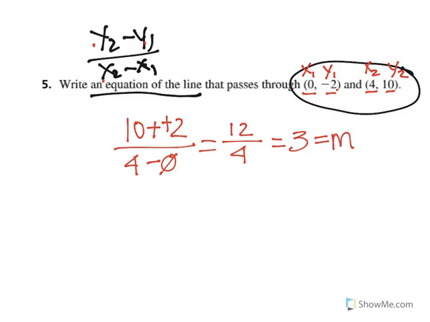Okay? Now, you might remember, we also need to know our b, our y-intercept. Well, for right now, one of your points is the y-intercept. It's the one where x is 0 and y is a number.